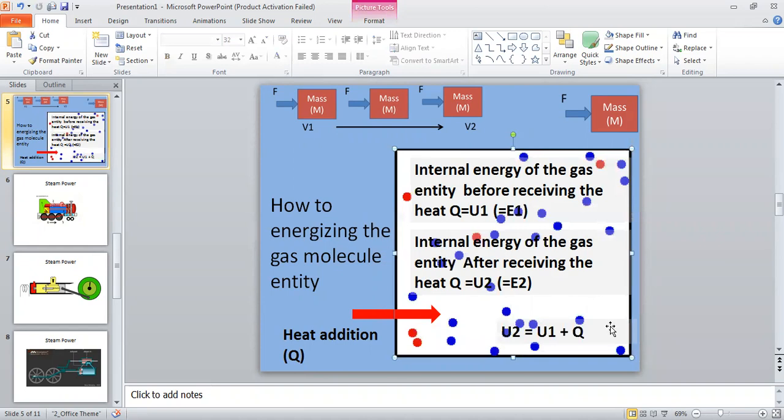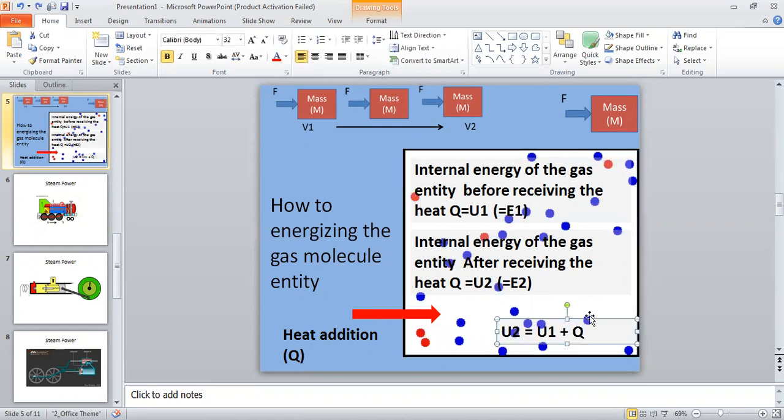That is quite obvious to you. Or even you can say E2 is E1 plus Q. And receiving heat to the system, we consider this side is the positive way of heat transfer.